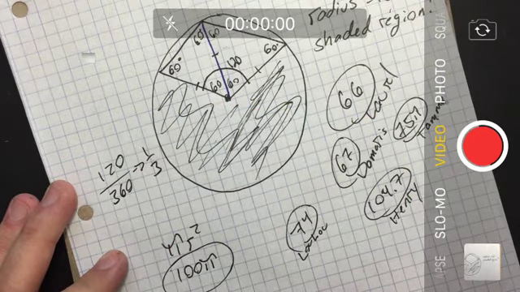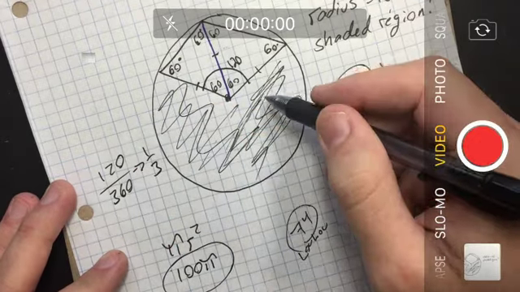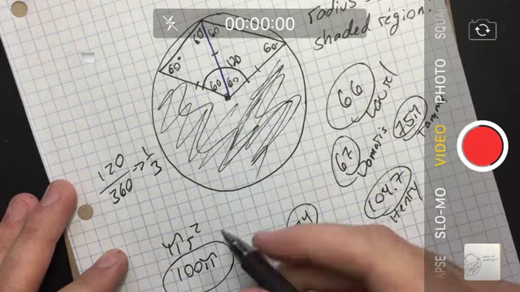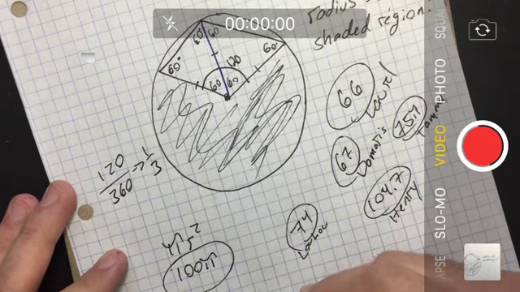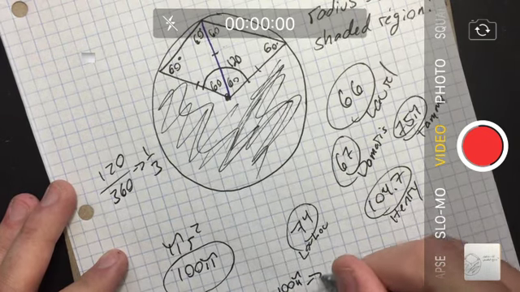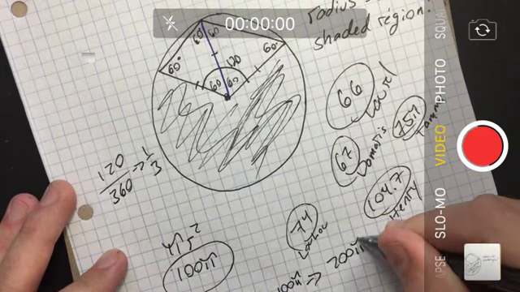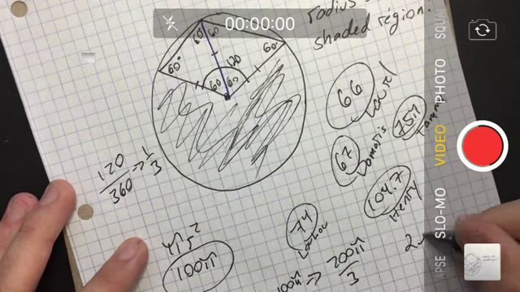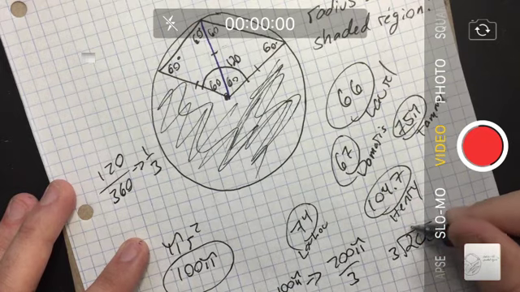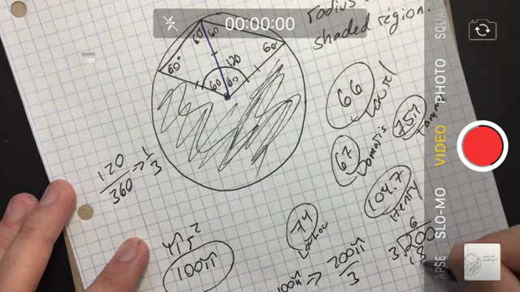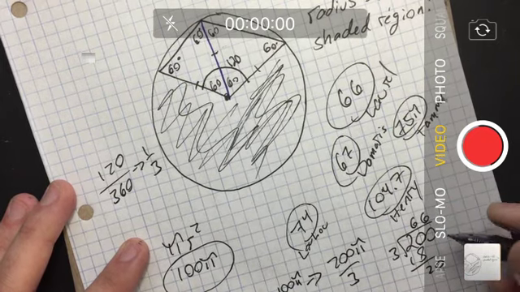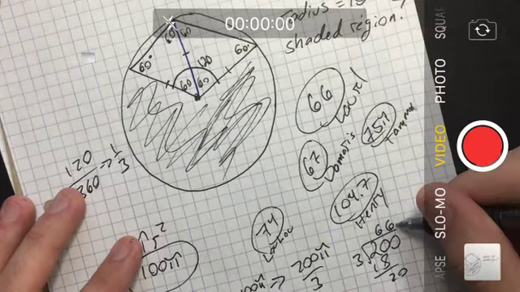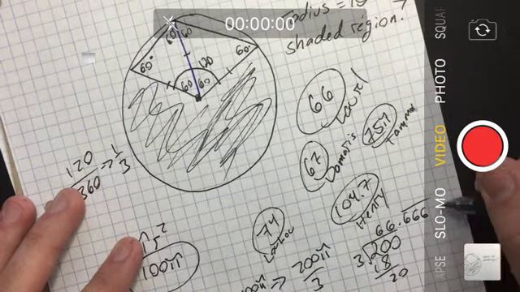So that means the shaded region is 2/3. So 2/3 of this 100 pi, that's 200 pi over 3. 200 divided by 3 is 66.666 repeating units squared.